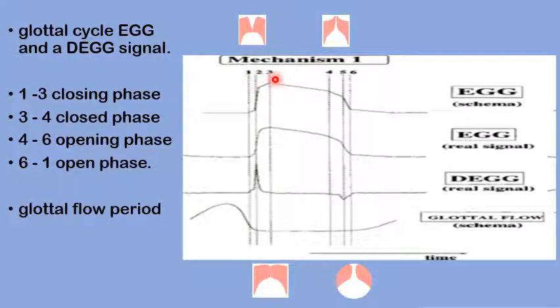Between 3 and 4, the vocal folds would remain closed. So this is the closed phase. And then starting from 4, the vocal folds will start to peel away from each other, again with the lower ends of the vocal folds starting and the upper ends following a bit later.